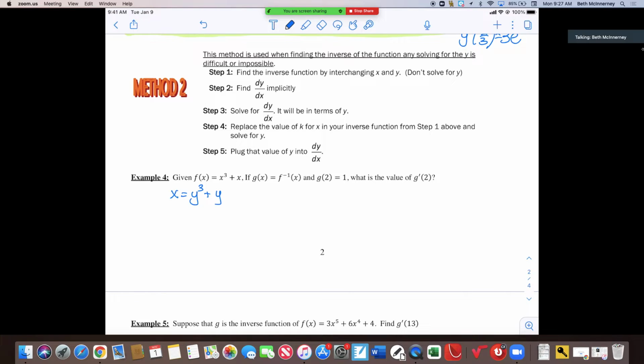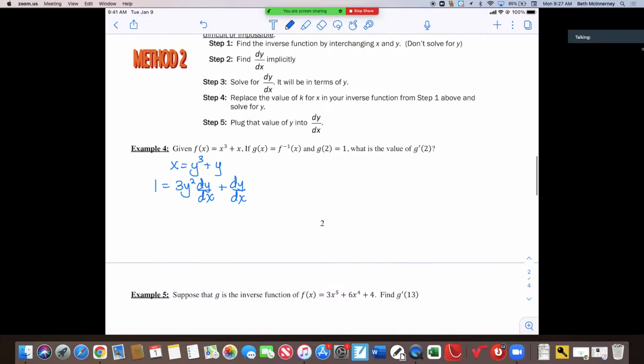But what I can do is use implicit differentiation and find the derivative of y. So this is 1 equals dy dx times 3y squared plus 1. 1 over 3y squared plus 1 is dy dx.